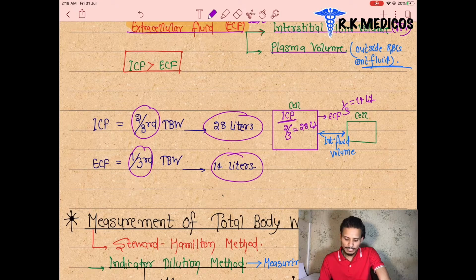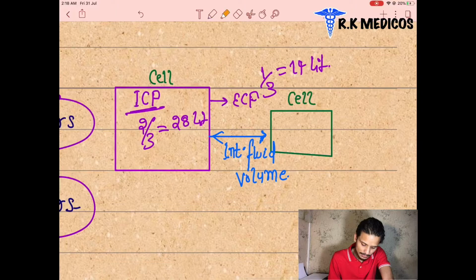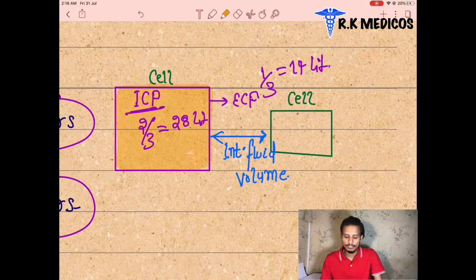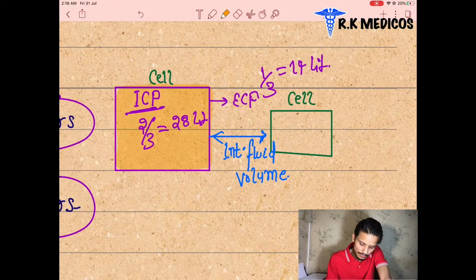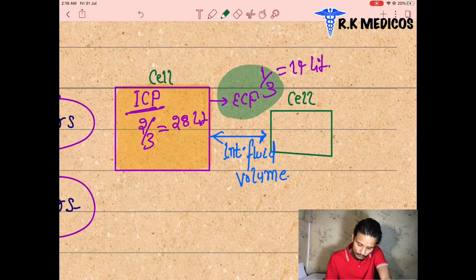Now we can see in this picture, suppose this is the inside of the cell, the intracellular structure, and that is intracellular fluid. The fluid present outside the cell is called extracellular fluid. These are all extracellular fluids.